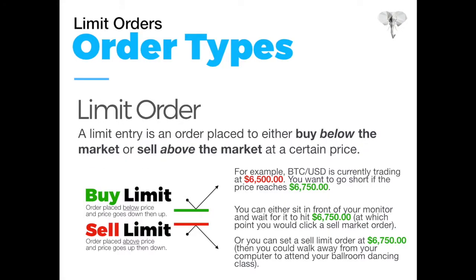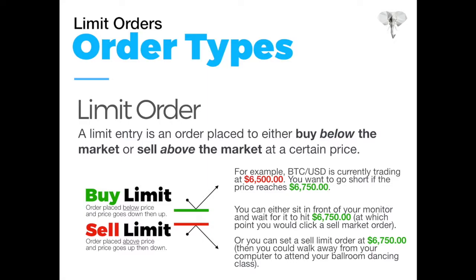Limit order. A limit entry is an order placed to either buy below the market or sell above the market at a certain price. So we can see here, for example, Bitcoin USD is currently trading at 6,500. You want to short the price if it reaches 67.50. You can either sit in front of the monitor all day like a hawk and wait for it to hit 65.50, at which point you would click market order, which would be a market execution.